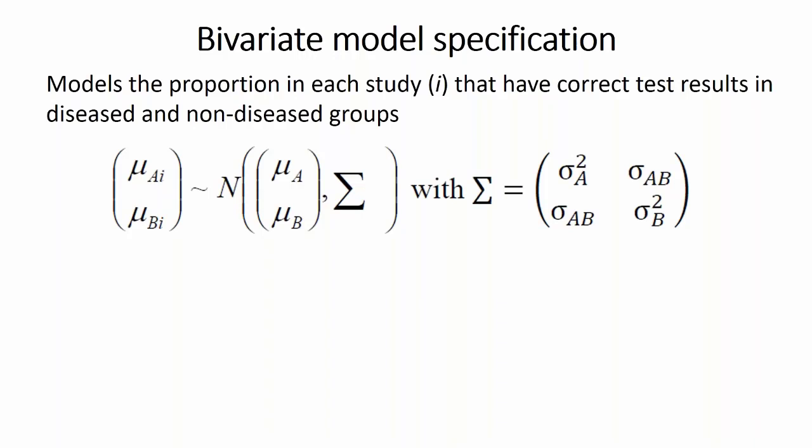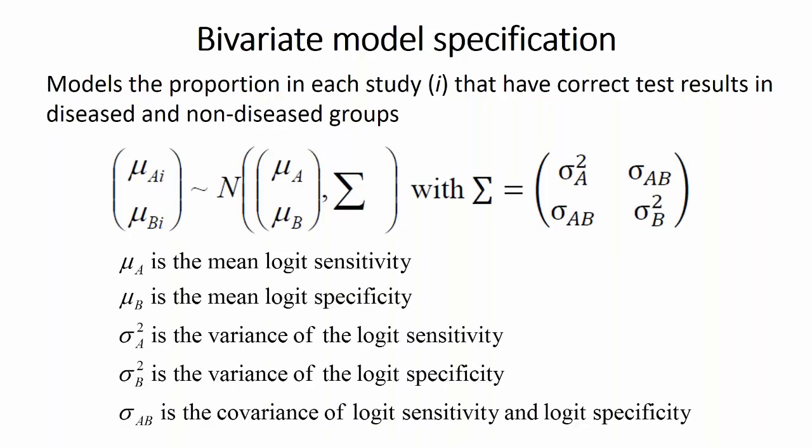So for the bivariate model, we model the proportion in each study that have correct test results in the diseased and non-diseased groups, so the numbers of true positives and true negatives are modeled at level 1, and then we allow for the between study variation at level 2 through the inclusion of random effects.